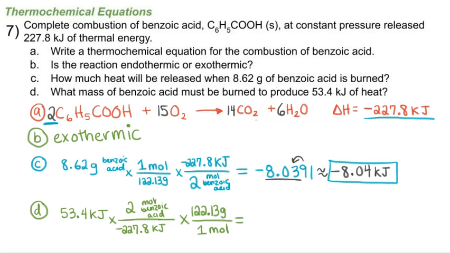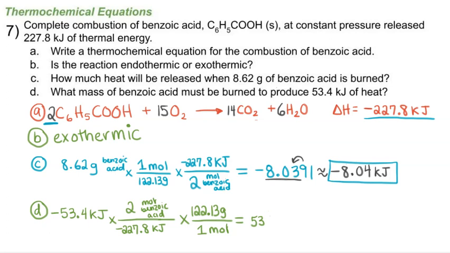And actually I should start with this as a negative 53.4 because we're releasing or producing that much heat, so our negatives should cancel out. We shouldn't end up with a negative mass.